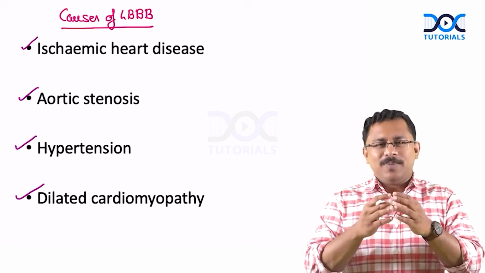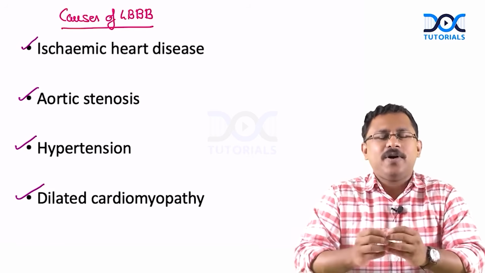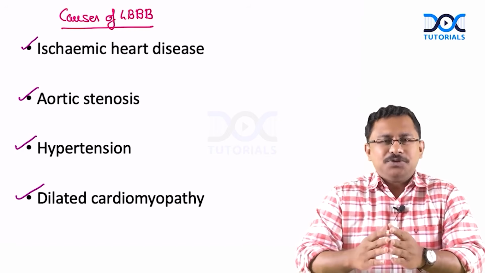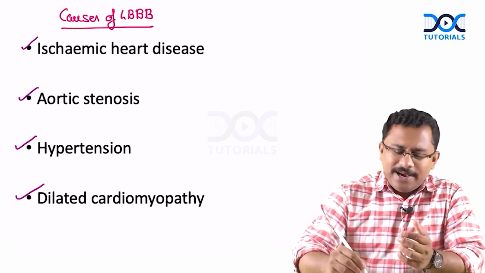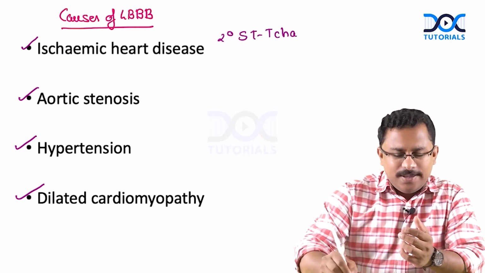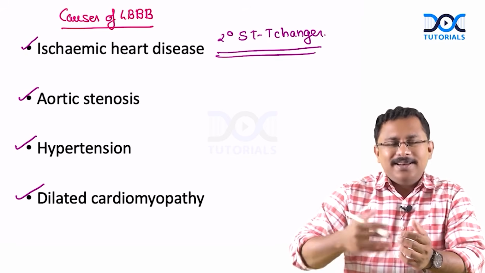Now another point that you must know is that these causes for wide QRS, the right bundle branch block and the left bundle branch block, LBBB and RBBB, may be associated with secondary STT changes. We learn about that in case of the ST segment as well, but understand that there can be secondary changes. Which means if the QRS complex is wide, even in case of LBBB, you can have some sort of ST elevation.